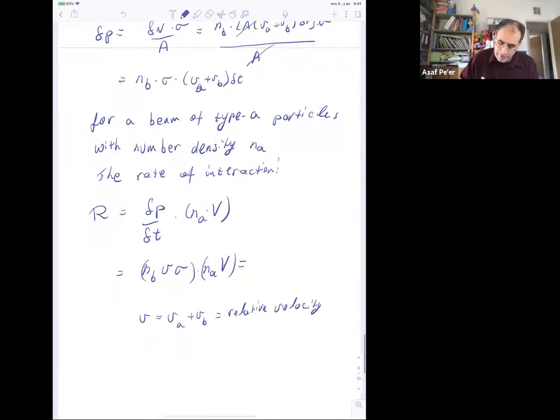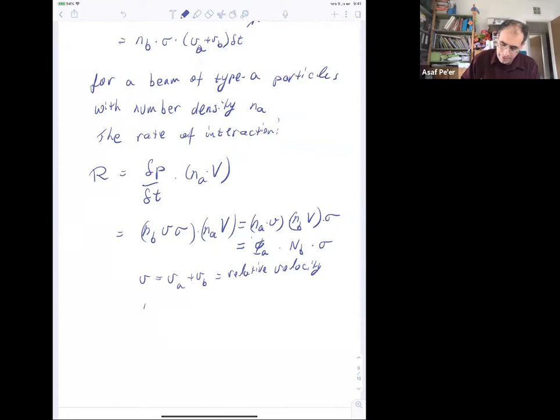Which we can write as NA times the relative velocity times NB times the volume times sigma, which is NA times the relative velocity. This is just the flux, so this is just phi A. NB, this is the density times the volume. This is just the total number of target particles, NB. And sigma is the cross section.